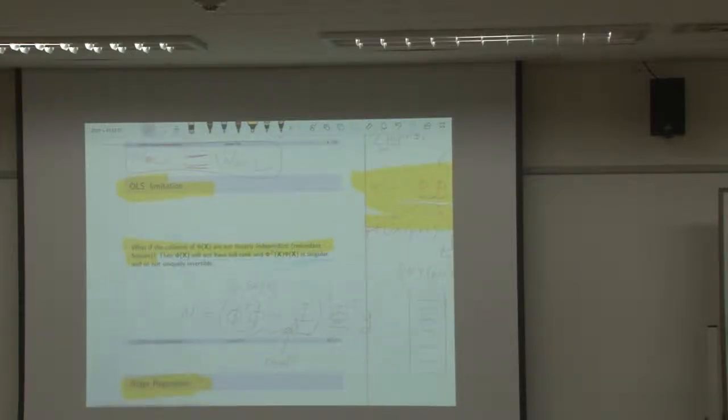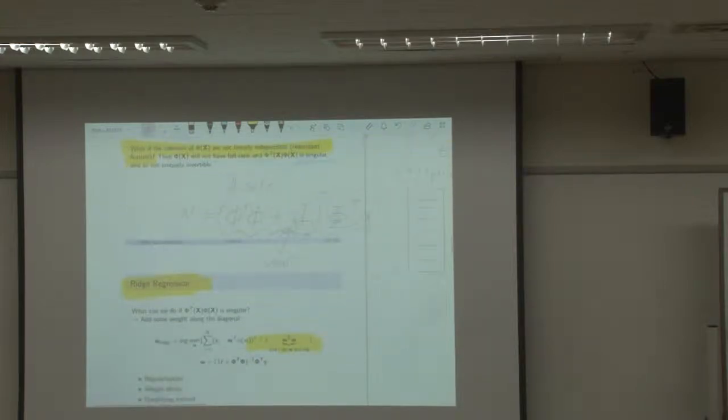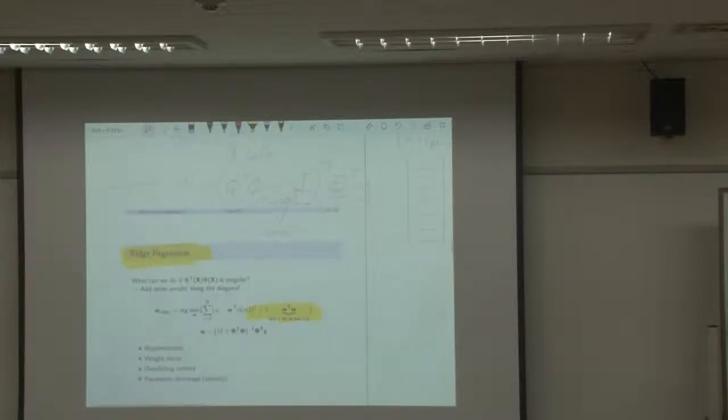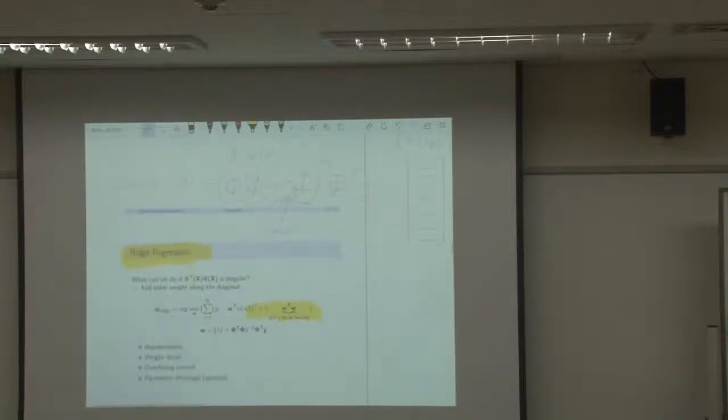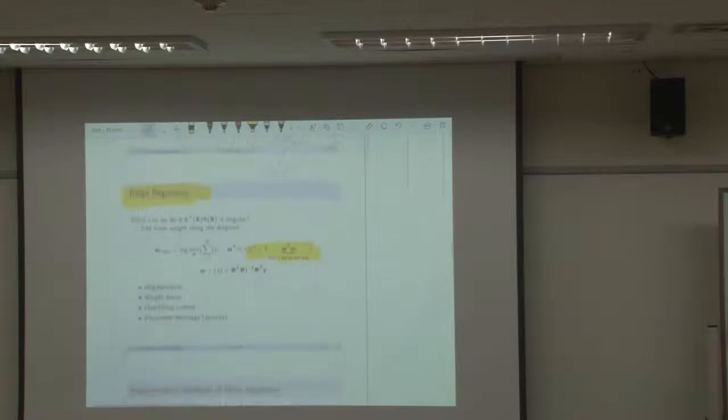And then I went on and told you about the problems associated with OLS, okay? And then suggested a way to correct for that, okay? And the solution was given here, W. I also went on to say what this solution was trying to minimize.